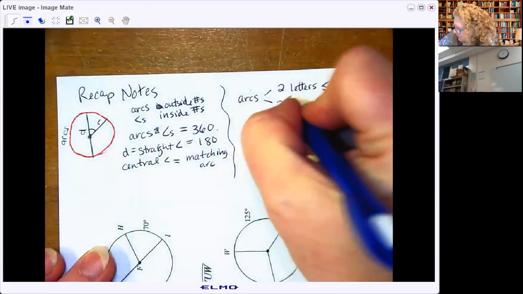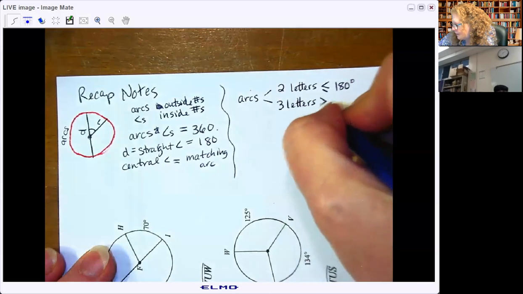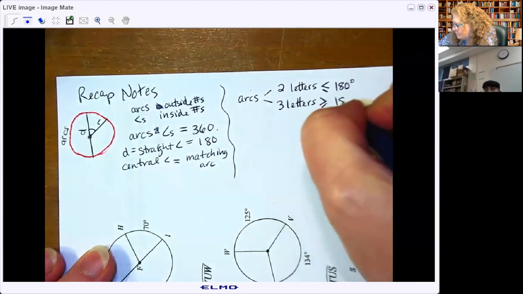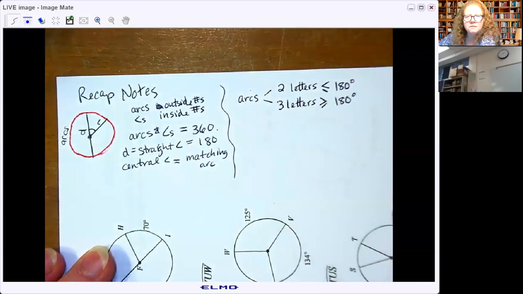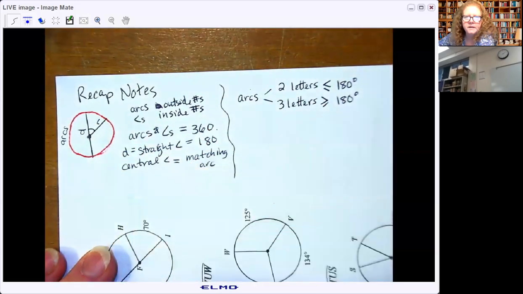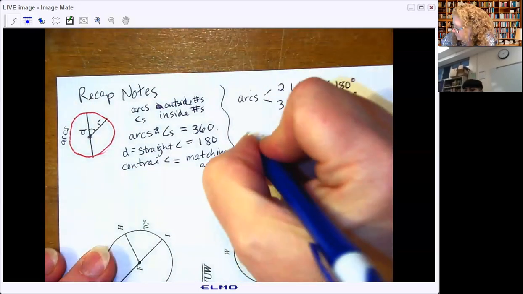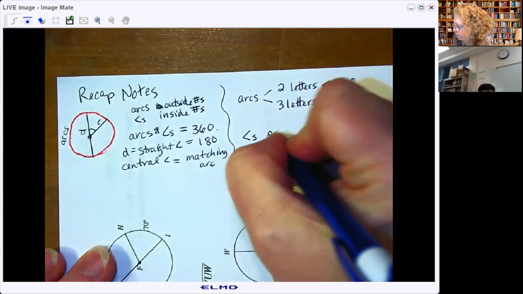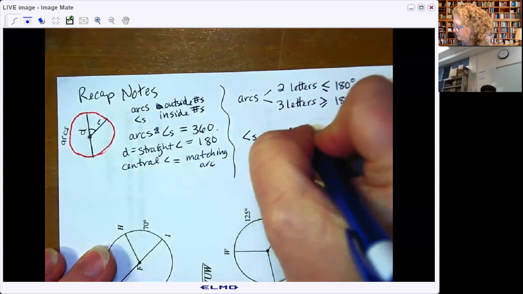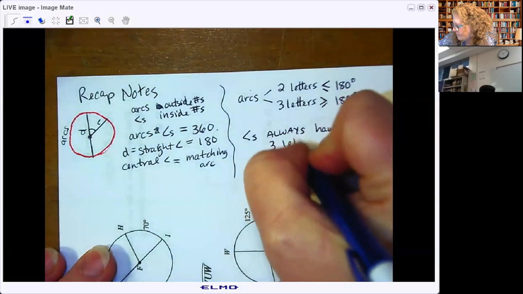And if you have 3 letters, it's going to be greater than or equal to 180 degrees. Sometimes they use 2 letters for your half circle, and sometimes they use 3. So you just kind of have to go with the flow on that one. Angles, though, always have 3 letters.